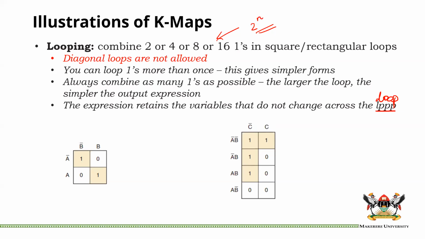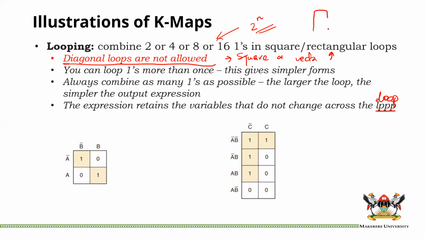If they are 3 or 5 or 7 or 6 or 8 or 9, we don't loop that group together. Secondly, another most important thing is that diagonal loops are not allowed. They are banned. We have either square or rectangular loops.